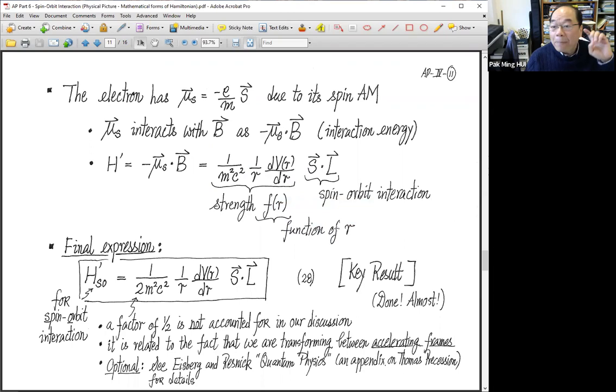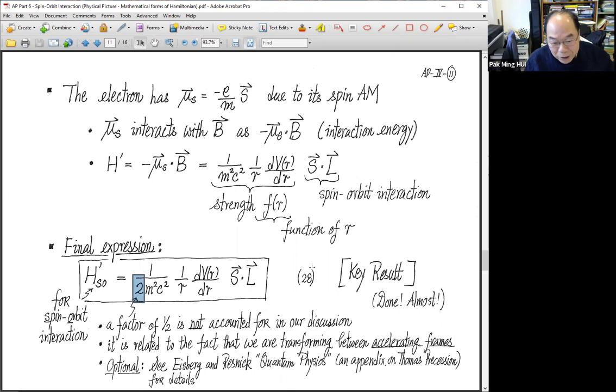Now, there's an embarrassing moment. This is what I called partial derivation. This is as far as I can go. There is an additional factor of half that I cannot derive here. Well, someone can. I just skip it, okay?